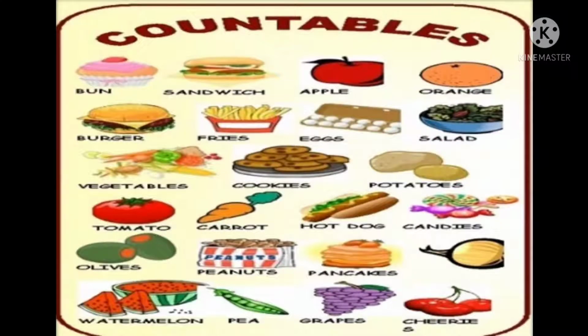Let us see a few examples of countable nouns. First one is bun, sandwich, apple, orange, burger, fries, eggs, salad, vegetables, cookies, potatoes, tomato, carrot, hot dog, candies, olives, peanuts, pancakes, watermelon, pea, grapes, cherries.